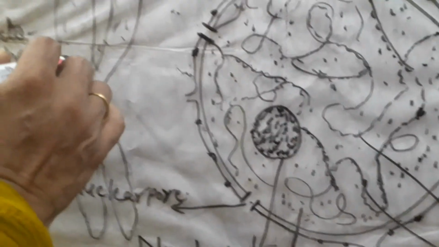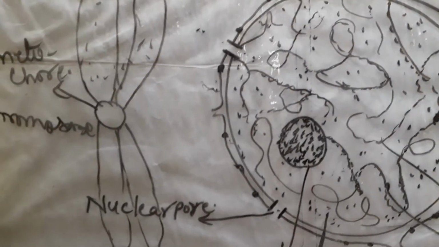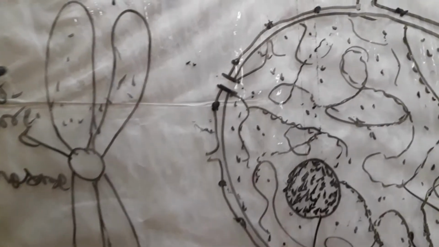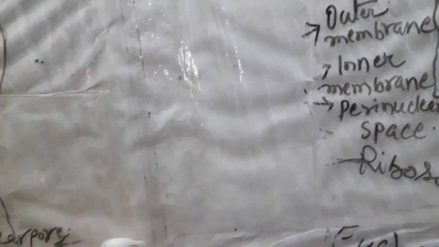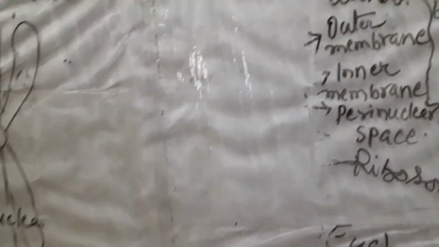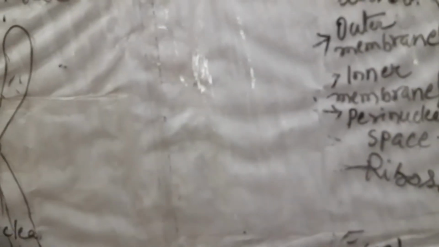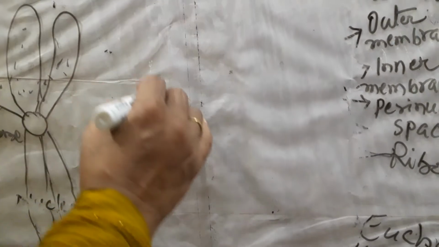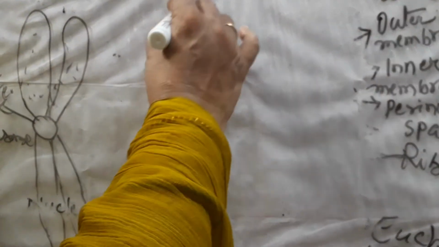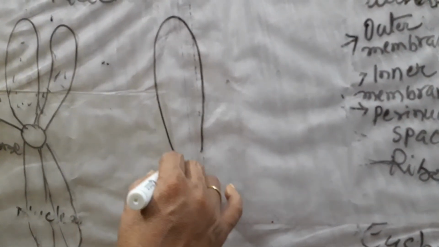Primary constriction or centromere, you see in the diagram. These are the chromosomes.